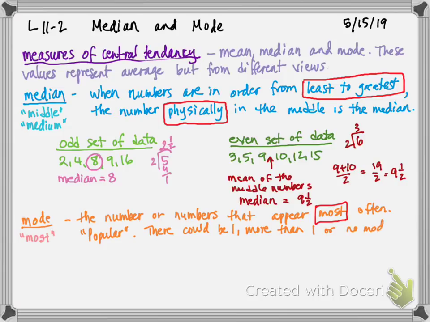It just depends on your set of data. So if all the numbers appear the same amount of times, no mode. If one number appears twice and everything else appears once, you have that one mode. This is the one that appeared twice. Okay?